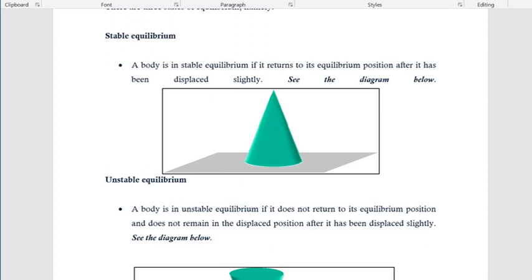And don't limit this to the cone that's on the screen. Think of it in terms of different objects. Think of a car, a bus, any object, or an individual: if I was to tilt this much, would I just go back? Just imagine you're walking towards the tuck shop to get your food, then someone comes and bumps into you.